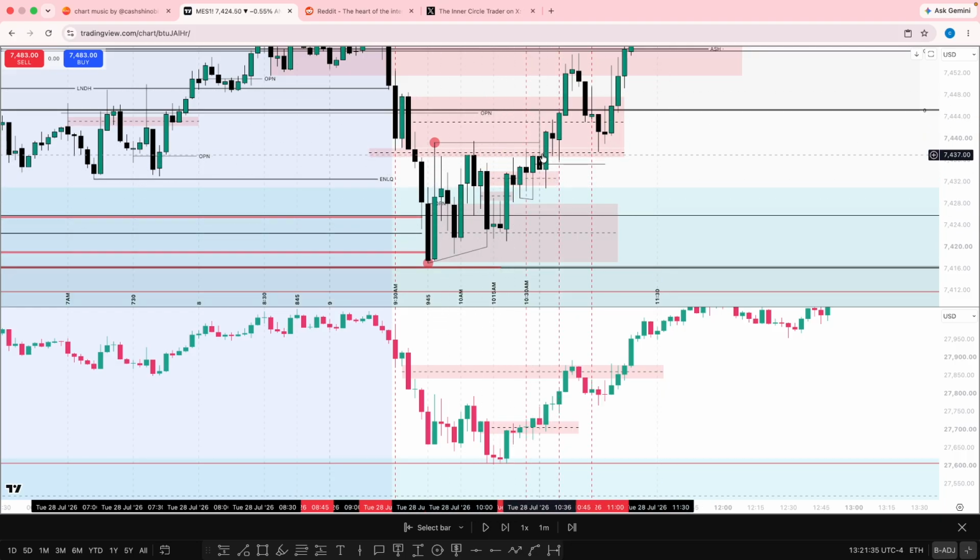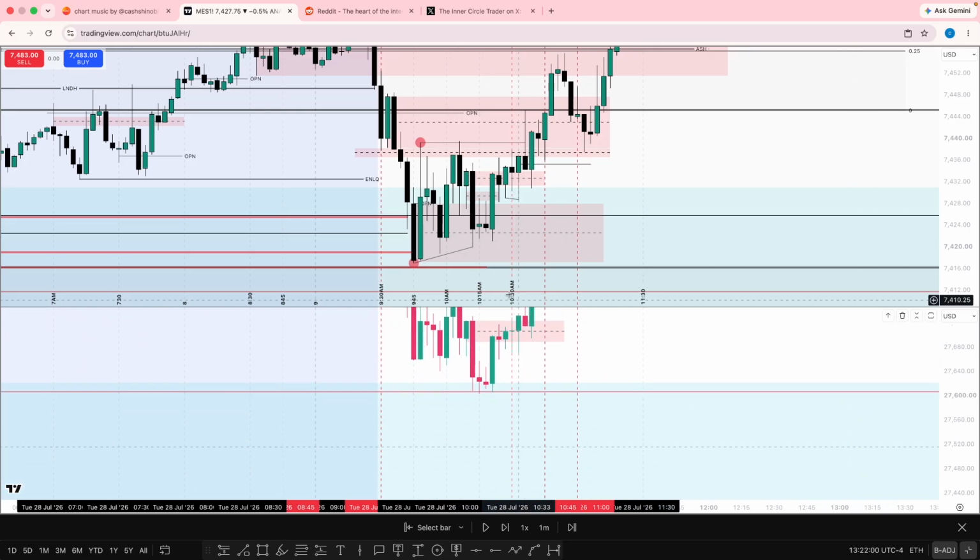Once they close above here, low risk buy would be anywhere within here, and put the stop. Would I put the stop at the 10:15 low? Now I put the stop at the SMT low right here. You can see that there's another SMT forming right in here.